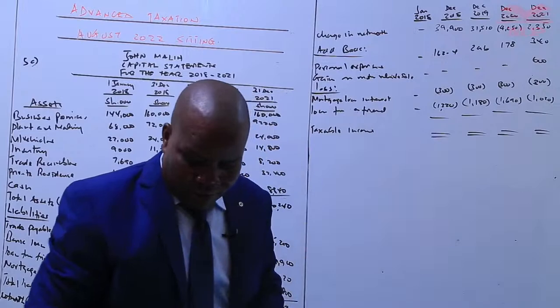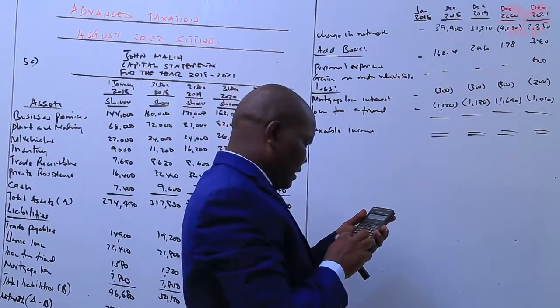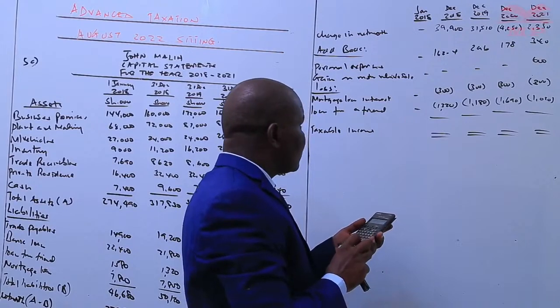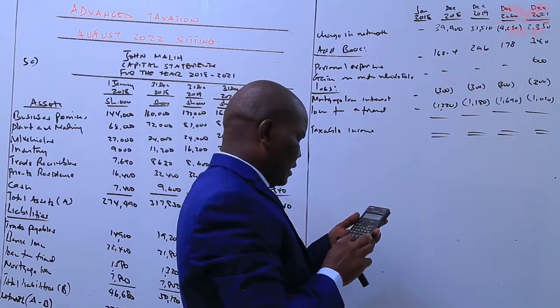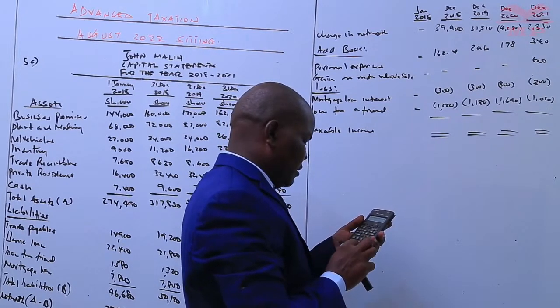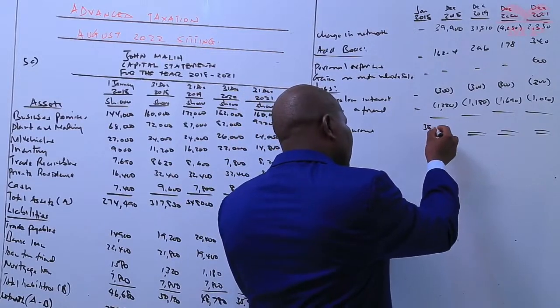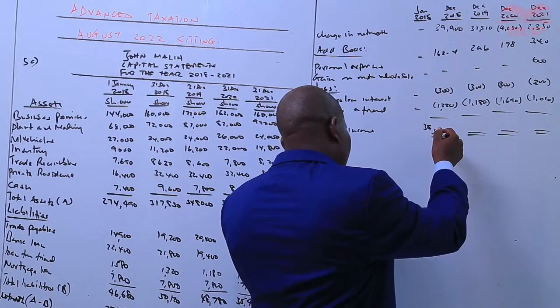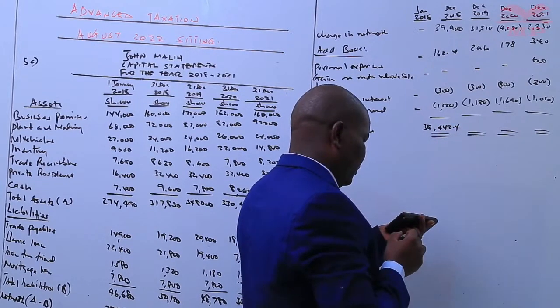So let me start with 2018. That is 39,900 plus 162.4 less 300 less 1,320. I get 38,442.4 positive.